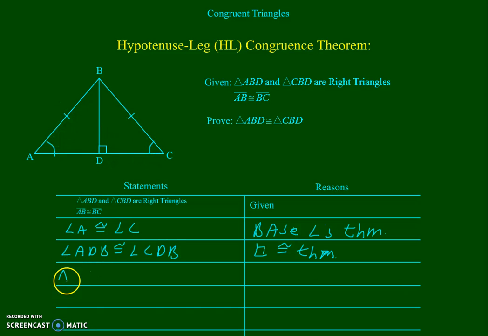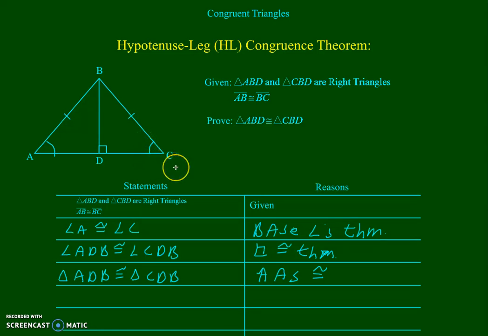So we can say triangle ADB is congruent to triangle CDB by angle, angle, side congruence. So because these legs were congruent, BD is congruent to itself, I was able to put the triangles together, and because the hypotenuse are congruent, then these two triangles are congruent.